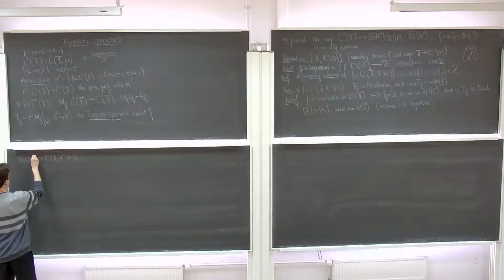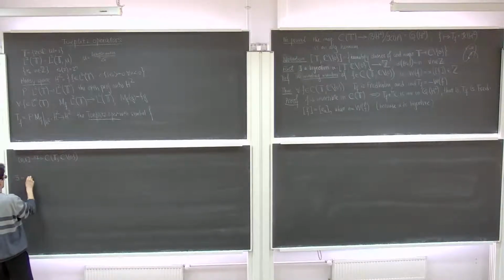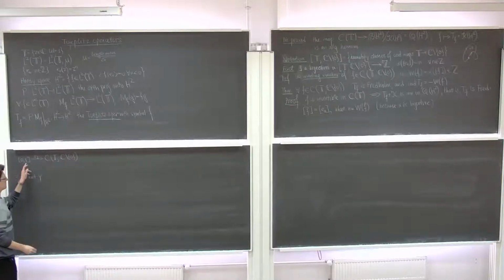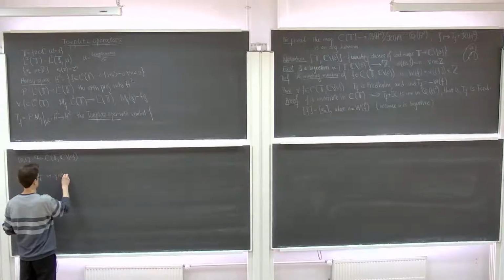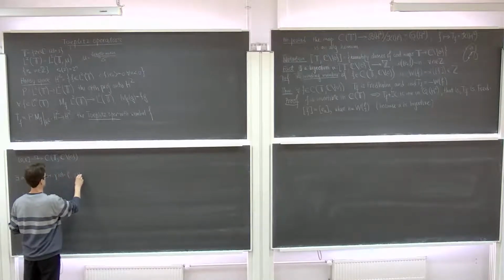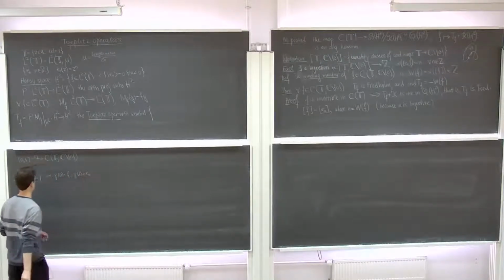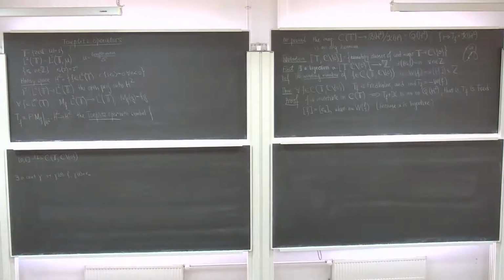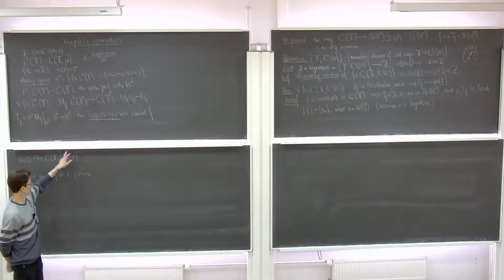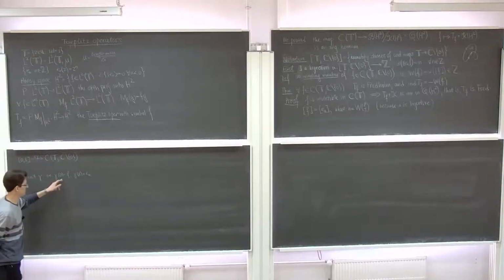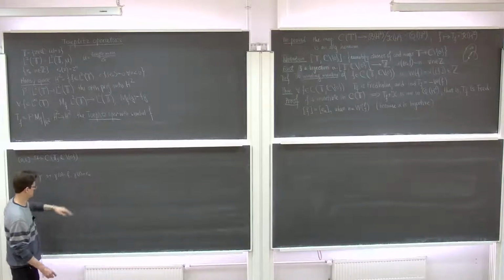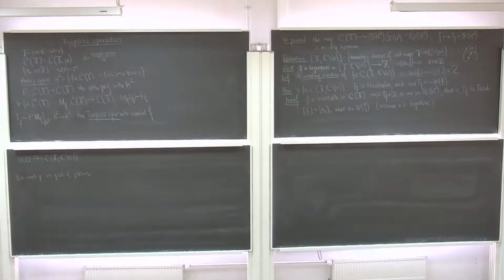So I claim that there exists a continuous map gamma from here to here, such that gamma of 0 is f, and gamma of 1 is En. In other words, this is a continuous path in the space of all nowhere vanishing continuous functions on the circle, which connects f with En. This is nothing but a homotopy between f and En.